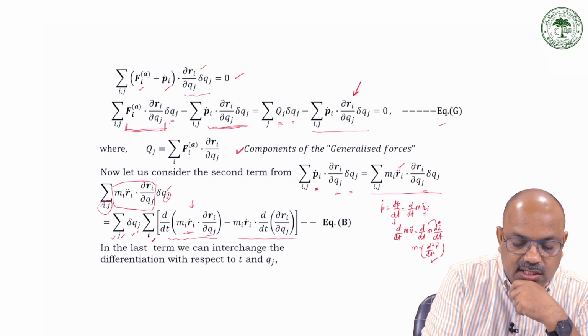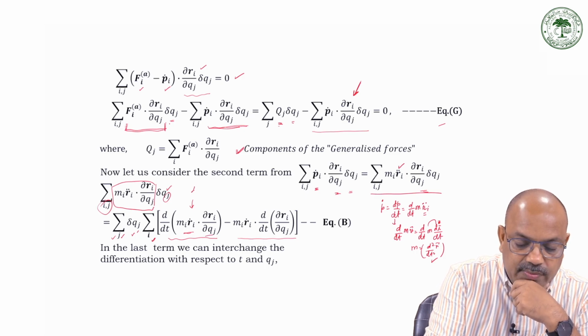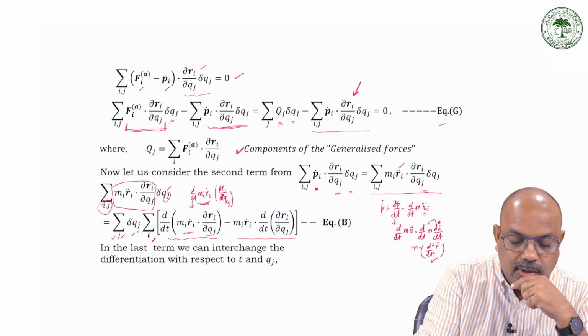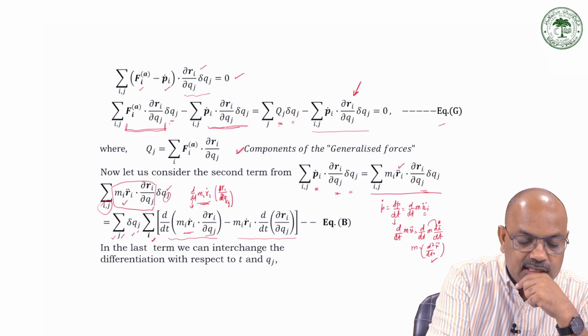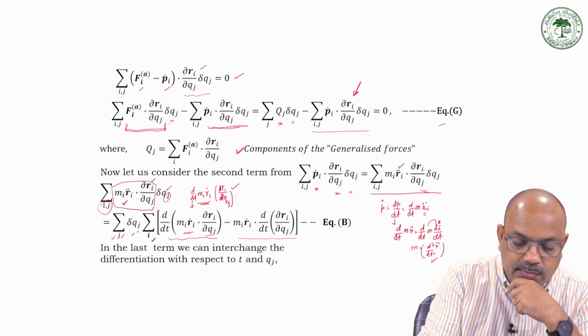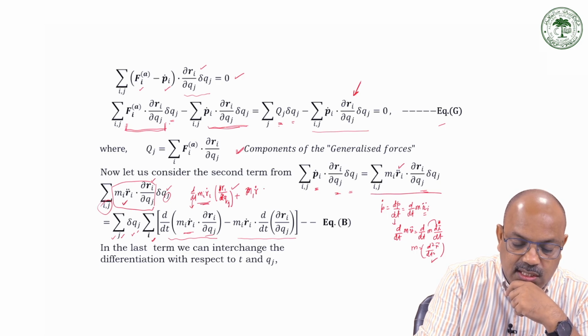If I take the first function d by dt of mi ri dot and keep the other constant, I get mi ri double dot times delta r upon delta qj. The next term comes with a plus: if I take mi r dot as constant and then take d by dt of delta r upon delta q.